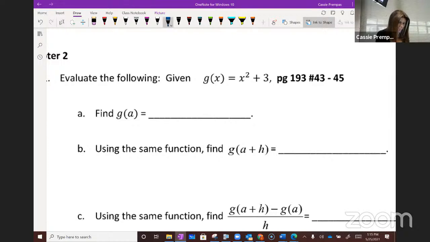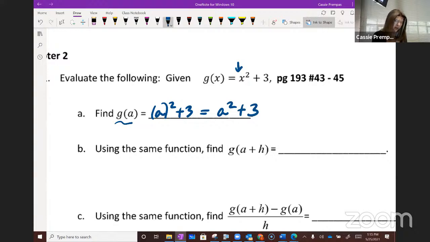What should we do if we're asked to find g of a? Plug in a for x. Awesome, for function g. So we'll just plug in a and then we simplify, which there's nothing that this can really simplify to, so it's just a squared plus 3.